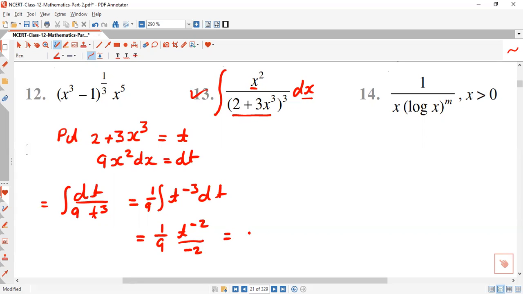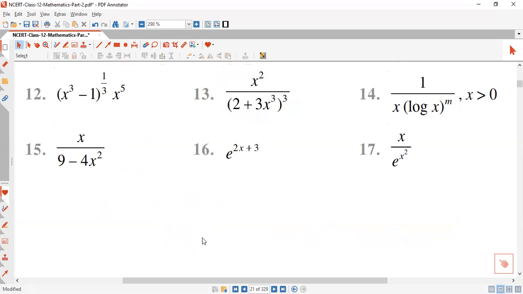After simplification, this comes out minus 1 upon 18 into 1 upon t square. Now put the value of t, this comes out minus 1 upon 18 into (2 plus 3x cube) whole square. So this will be the answer of this question.